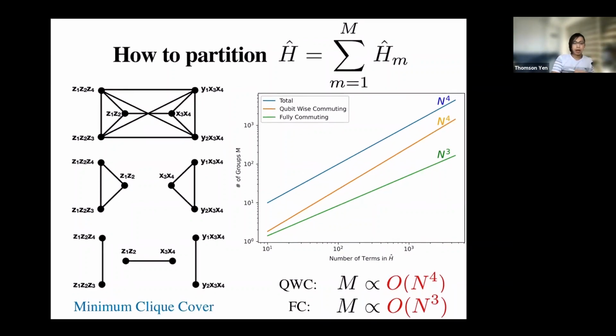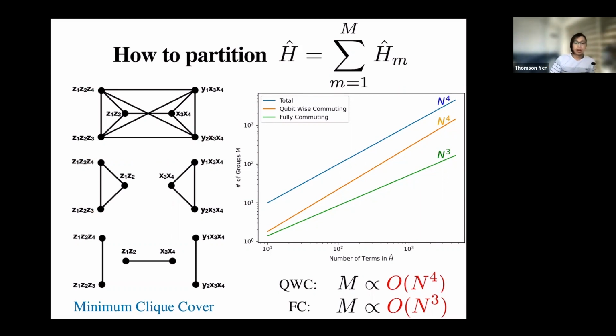And the third part, the minimum part, says that usually when you're given a graph like this with 6 edges, there's a lot of different choices of clique covering. So here there are 2 examples. One is having these 2 triangles. They're both cliques and they cover all the vertices. And the second choice is to have just 2 Pauli words grouped together, and that's another choice of clique covering.